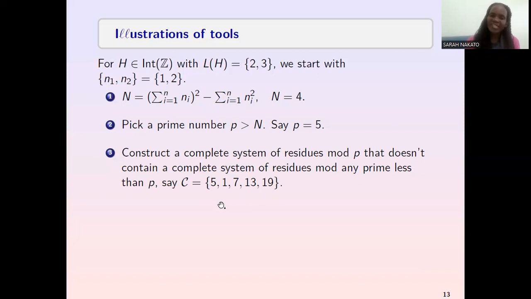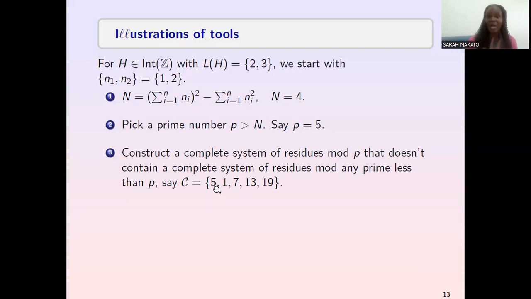And we don't have a complete system of residues mod 2, because otherwise we would have even numbers here. We don't have a complete system of residues mod 3 because the 0 residue class of C mod 3C is not represented here.